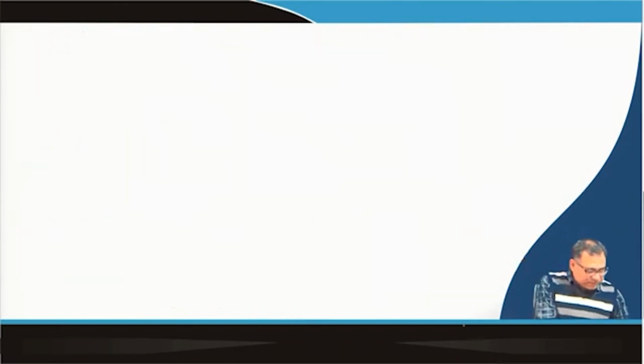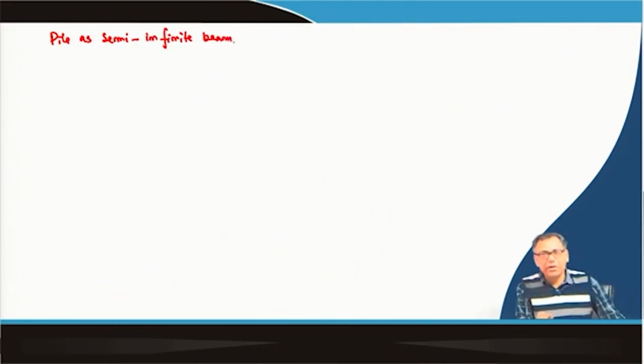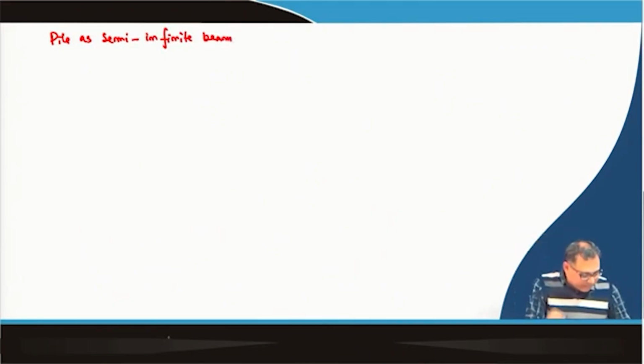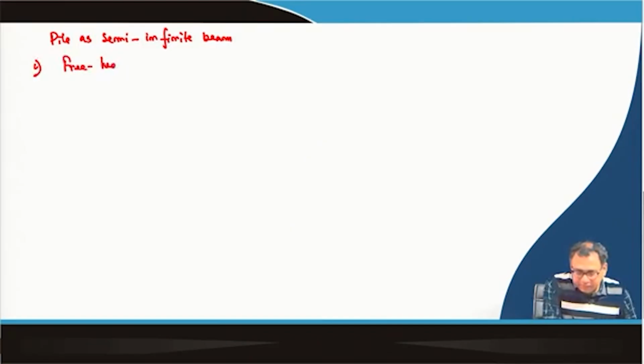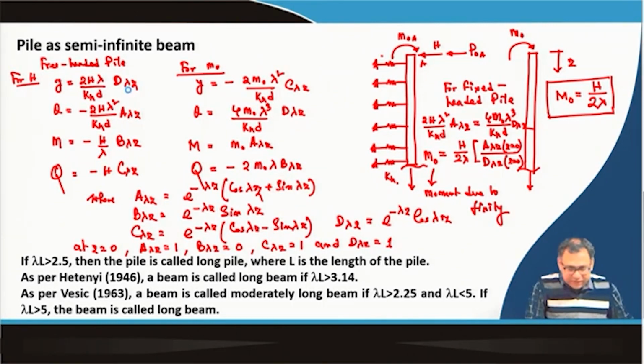Now, next, if the pile is a semi infinite beam, I will use the same problem, but here again for free headed pile, the equation of y is equal to 2 h lambda divided by k h d into D lambda z.